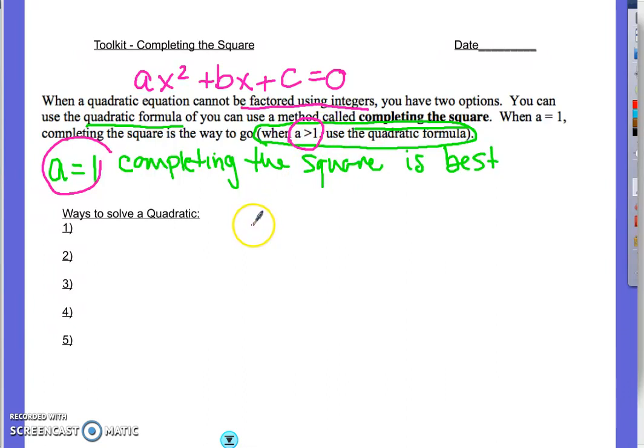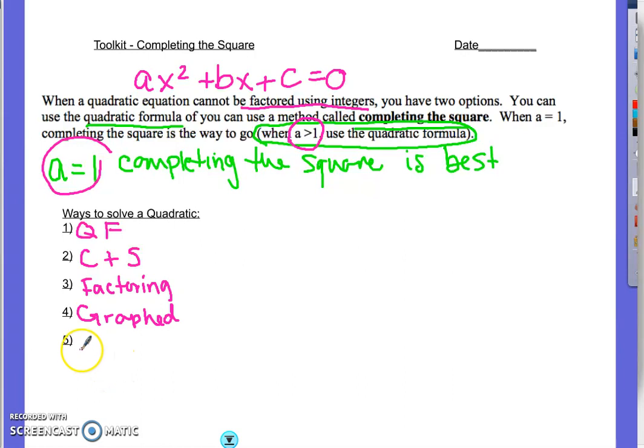Okay. All right, so we've learned quadratic formula. We've learned completing the square. We've learned factoring. In Math 1 and a little bit in this class, we've graphed parabolas.